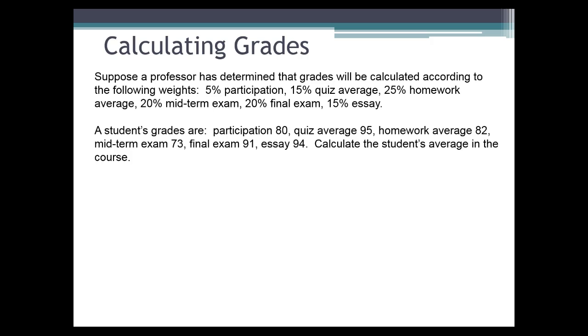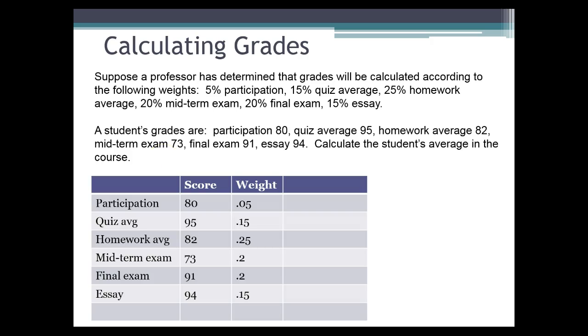So here's another example. You've got a professor who's calculating grades according to these percentages, and you know what the students' grades are, and you want to calculate the students' average in the course. Well, you can make a table just like what we had before, where participation is an 80, and that counts for 5% of the grade.